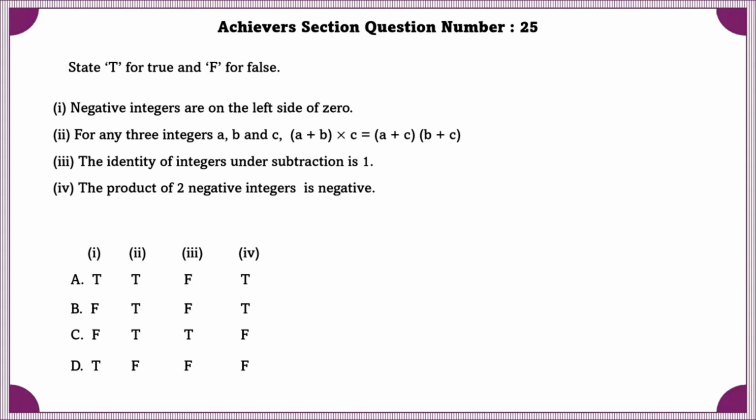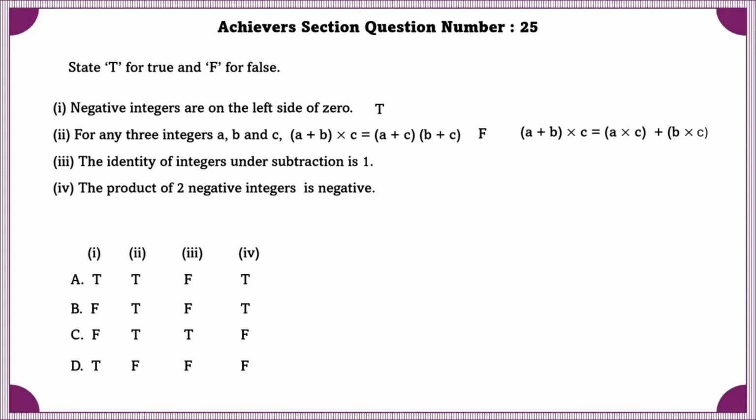Achiever section question number 25. State T for true and F for false. First one, negative integers are on the left side of 0. Yes, this is true. For any 3 integers a, b and c, a plus b into c is equal to a plus c into b plus c. This is false. It should be a plus b into c, which is equal to a into c plus b into c, not b plus c.